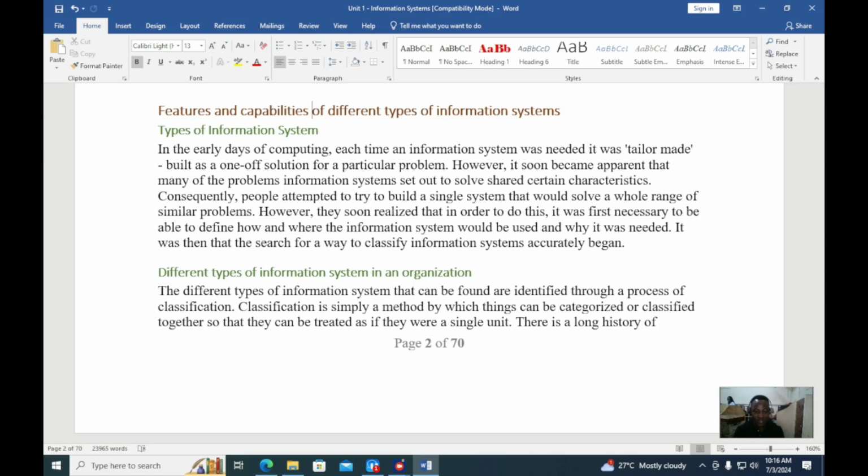But as they were doing that, they realized that for us to be able to do this, it was very important for us to know how and where that particular information system is going to be used. How are we going to use it, where is it going to be used, and why is this particular information system needed? Okay. And when these questions were asked, the search for a way to classify information systems came.